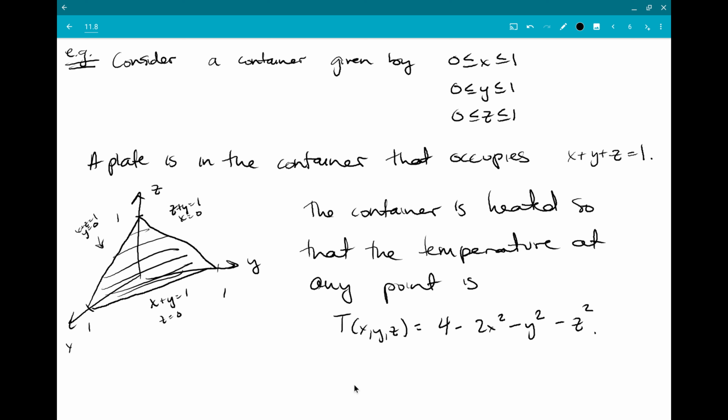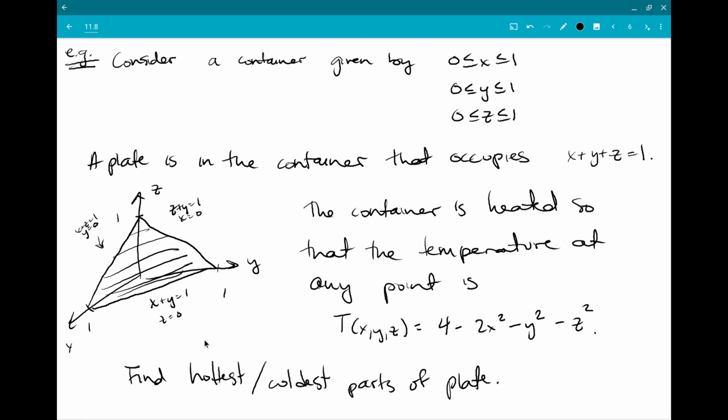And that's in hundreds of degrees Celsius. So apparently it's very hot. And we want to find the hottest and coldest parts of the plate, where cold is a very relative term.